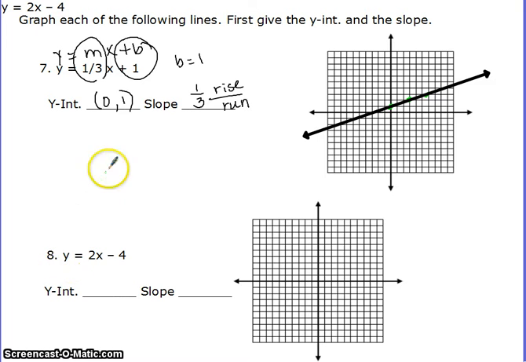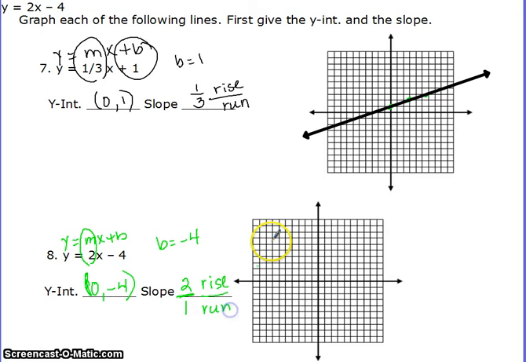Okay, number 8. Y equals 2x minus 4. It is already in slope-intercept form, so I know that my slope is 2, and my y-intercept, or my b, is negative 4. So as a coordinate pair, that's 0, negative 4. My slope, to make that 2 a fraction, we put it over 1. And remember that your slope is your rise over your run.